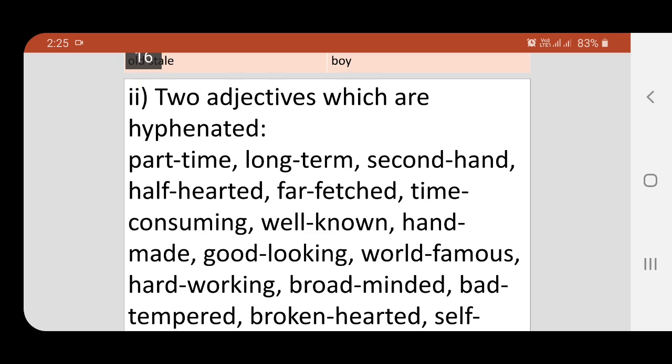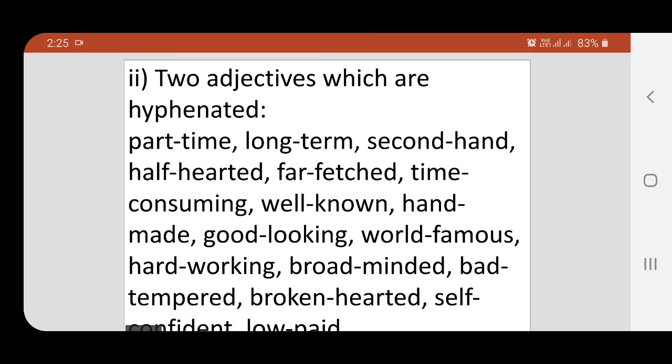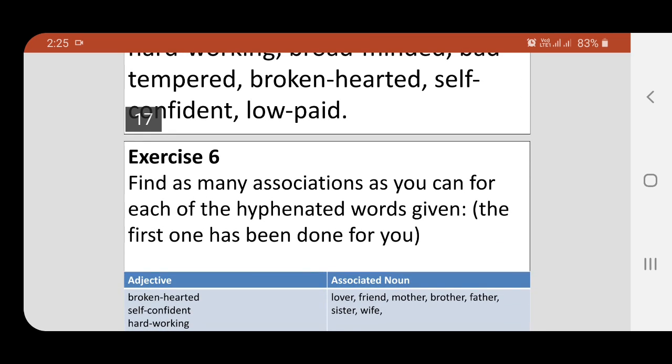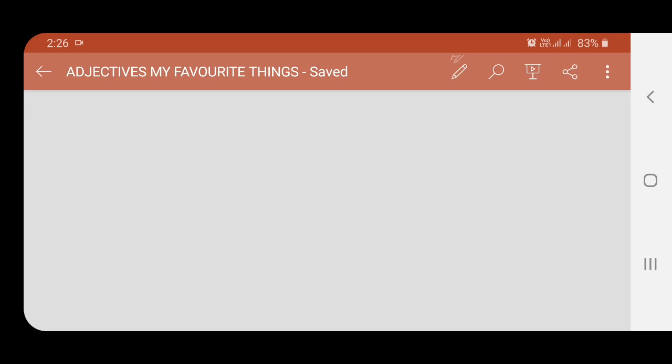These are some of the hyphenated adjectives. We make use of such hyphenated adjectives also. Based on this, you have exercise number 6. On one side you have the hyphenated adjectives.